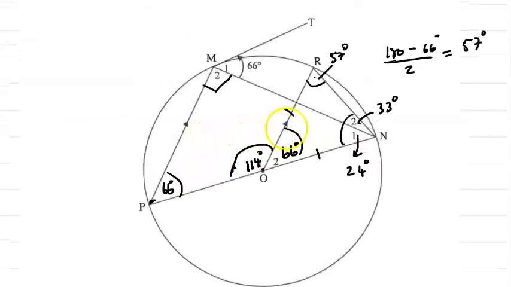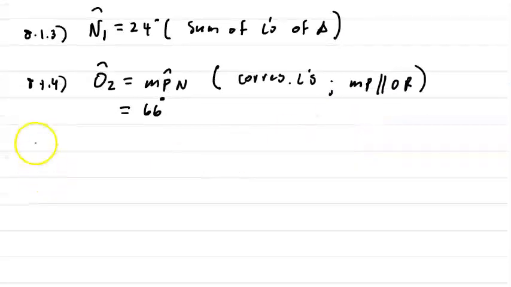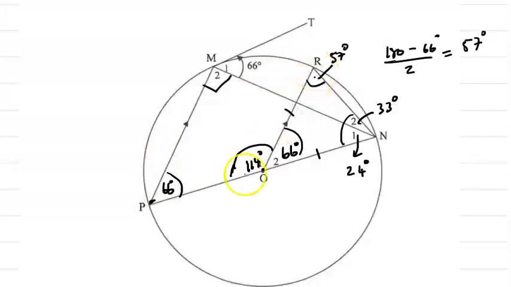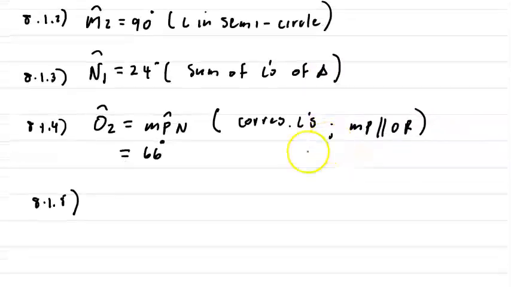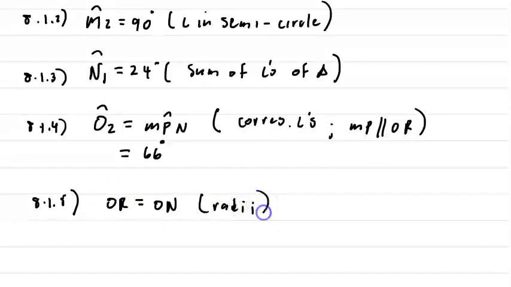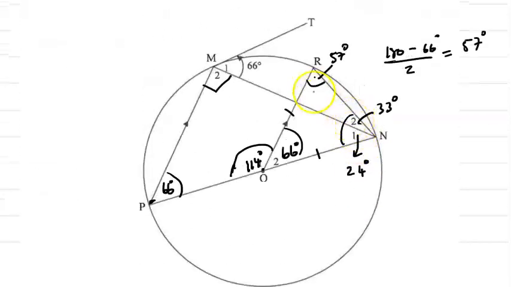8.1.5, now they want us to find N2. Now we already solved for N2 is 33 degrees, but how did we get it? Well, let's write our first statement. We said that OR equals ON, radii. And then our second statement that we wrote, we said R will equal N. So here we got ORN is equal to ONR, equal angles, opposite equal sides.